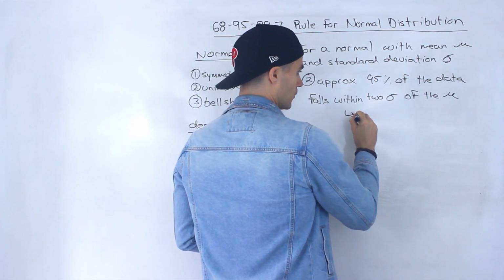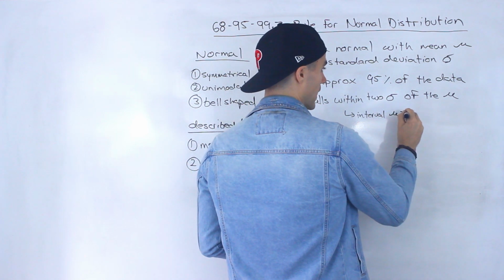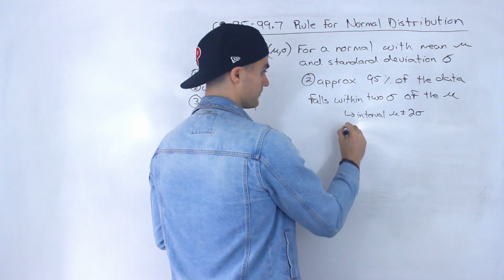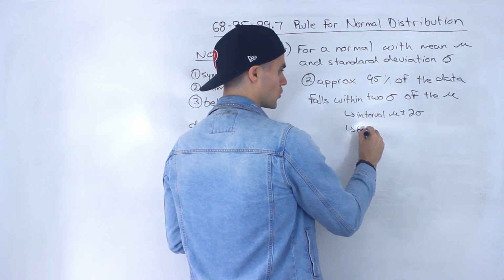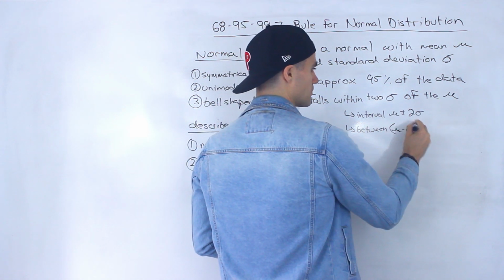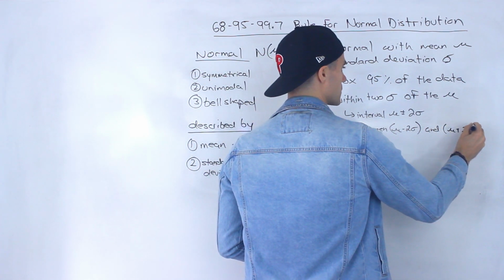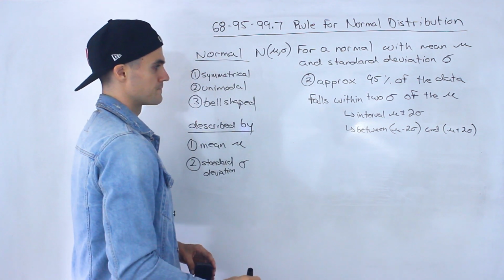Or we could say in the interval mu plus or minus 2 times the standard deviation. Or we could say between mu minus 2 times sigma and mu plus 2 times sigma, like that.